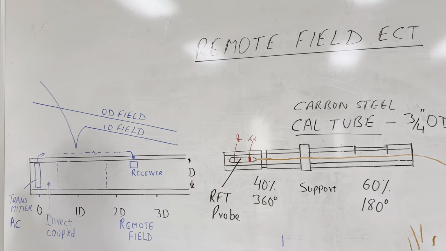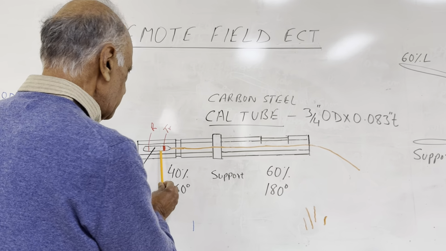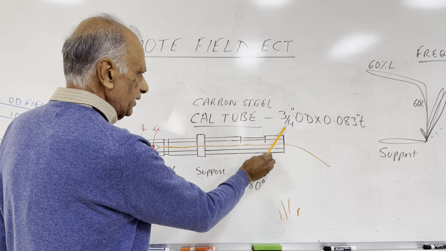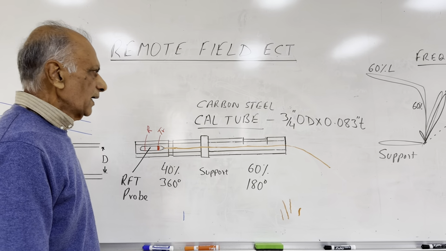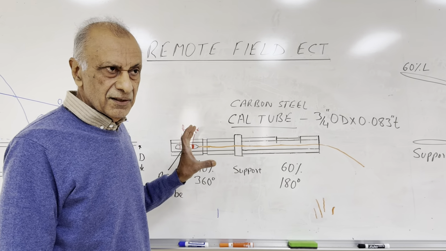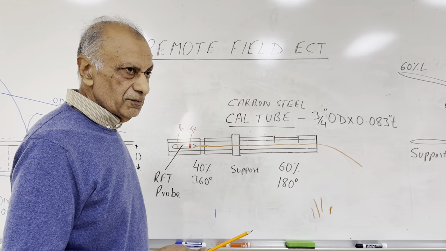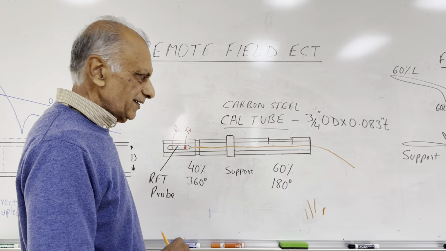So now when you apply AC, in this case we have a tube which is 3/4 inch OD by 0.083 inch thickness, and I am applying 400 Hertz AC, remote field AC, 400 Hertz. Now remember, in eddy current we are working in kilohertz, and in remote field we are only working in hertz.